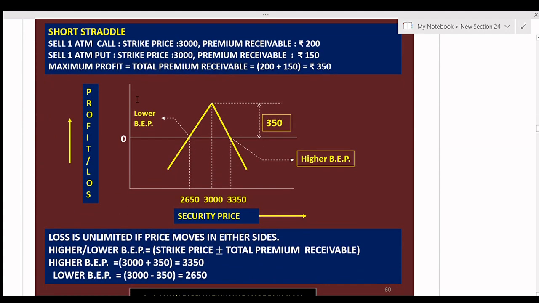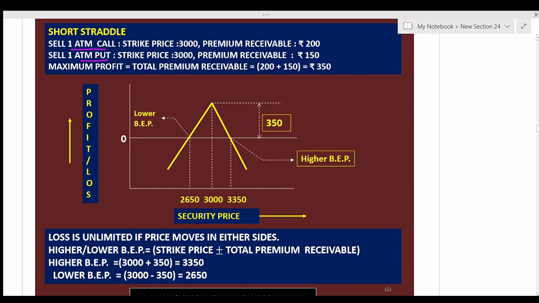In short straddle or long straddle, you see that in short straddle it will be sell 1 ATM call and 1 ATM put, and the strike price in both cases are same.